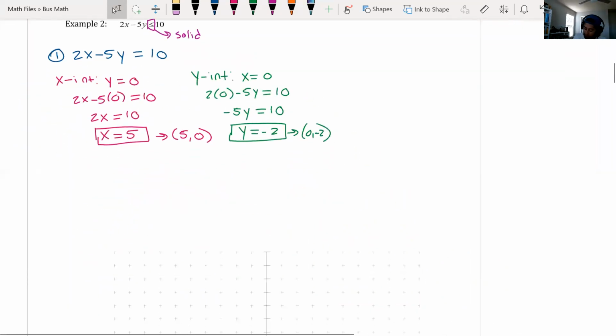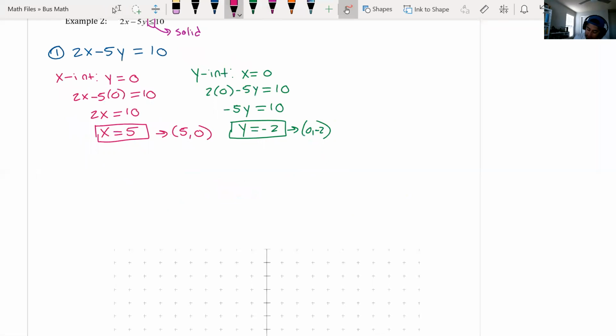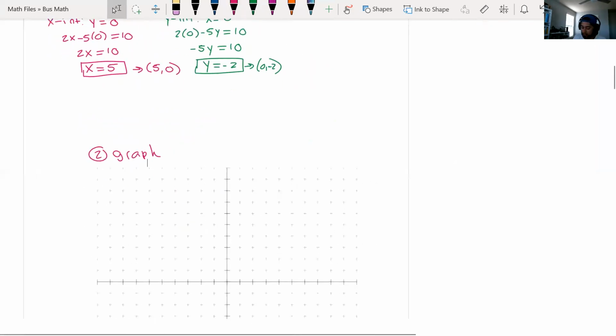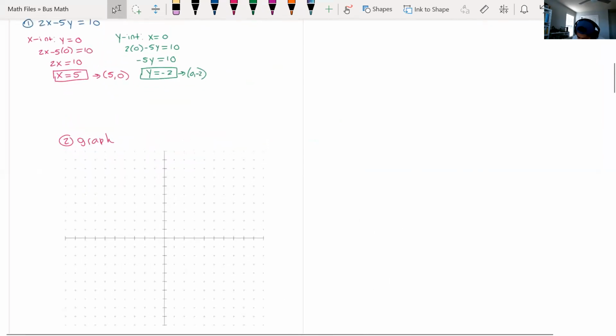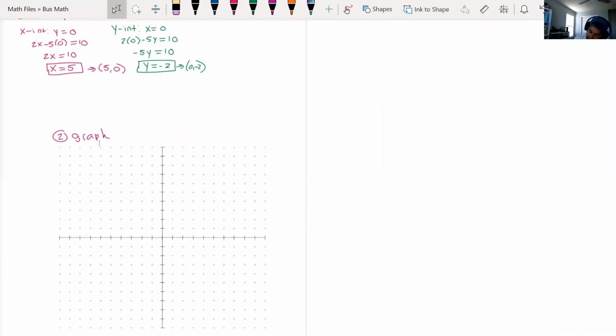Okay. So we have that, which means we can move on to the next step of graphing. And all we have to plot are the x and y intercept. All right.